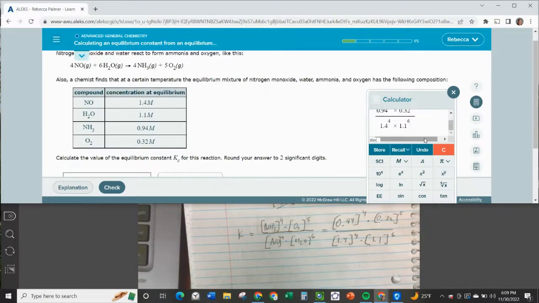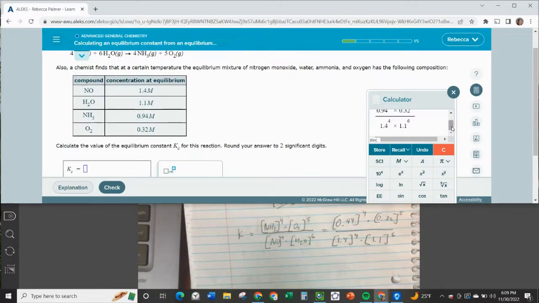So let me just make sure it looks right before I type it in.